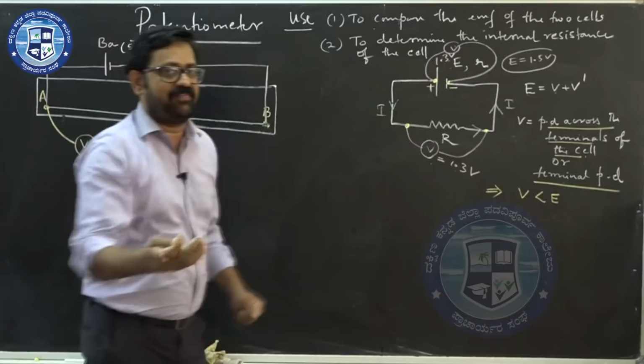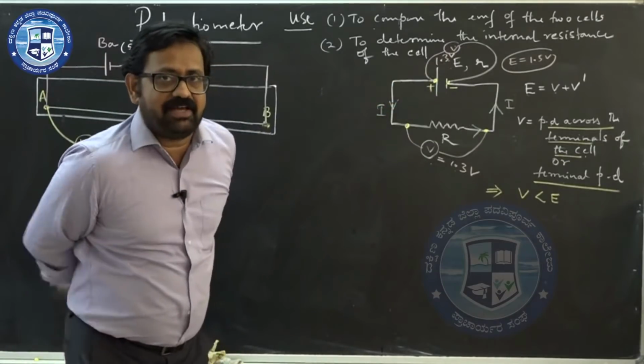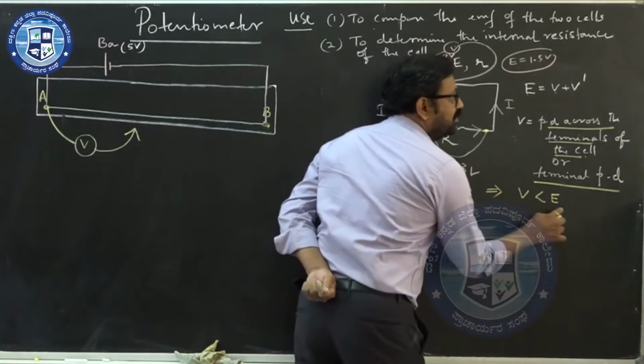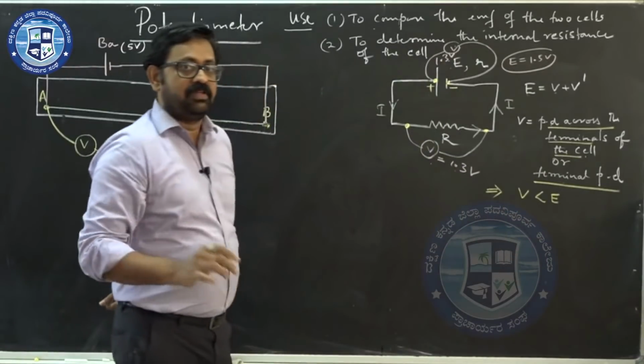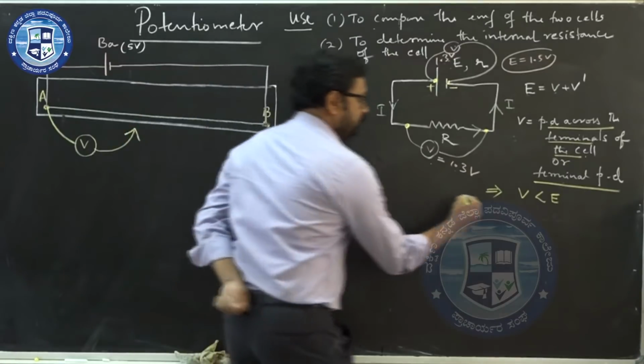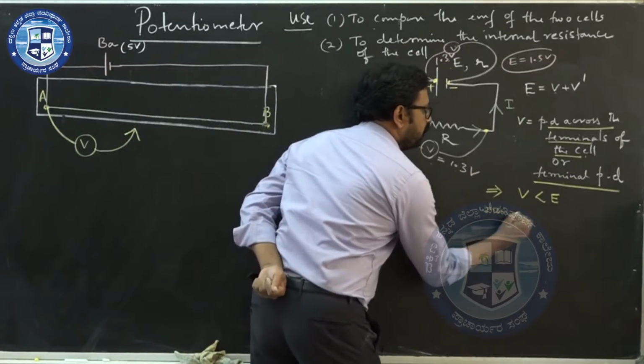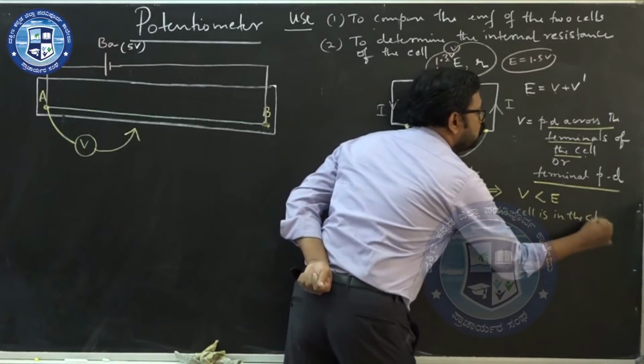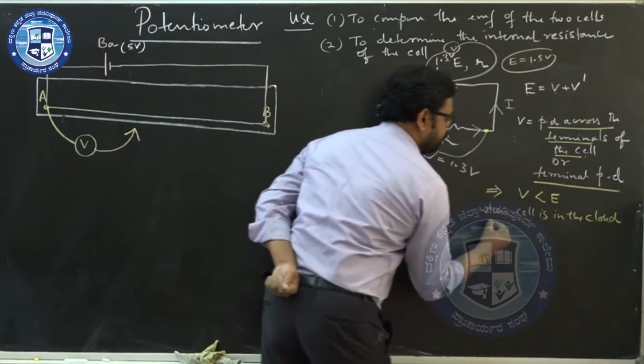1.3 is less than 1.5. Here the EMF of the cell I have taken as 1.5. Terminal potential difference is less than the EMF of the cell. It is always true when the cell is in a closed circuit.